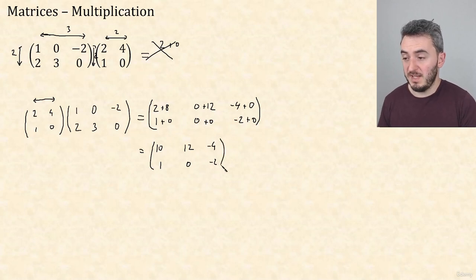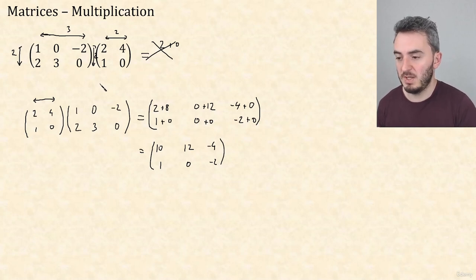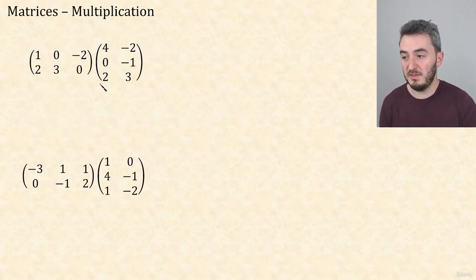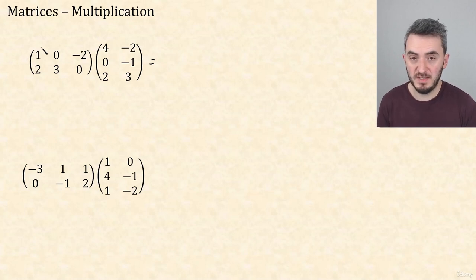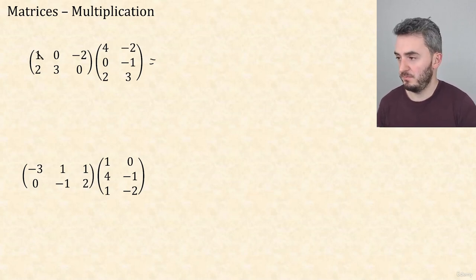So that's it. The key fact is that the number of columns on the left must match the number of rows on the right. So if you think you've got that, try these two ones here. Okay, so I'm going to do these ones slightly faster, and in the end we're working towards this sort of thing. 1 times 4, which is 4, plus 0 times 0, plus negative 2 times 2. So that is 4 minus 4, it's 0.